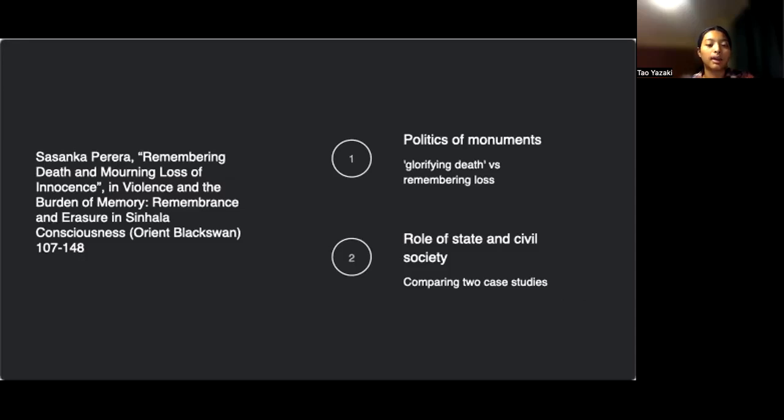And he compares two case studies. One is a monument that was funded by the state, with all the state fanfare that came with the inception of the monument. And the second is a monument that was funded by civil society.